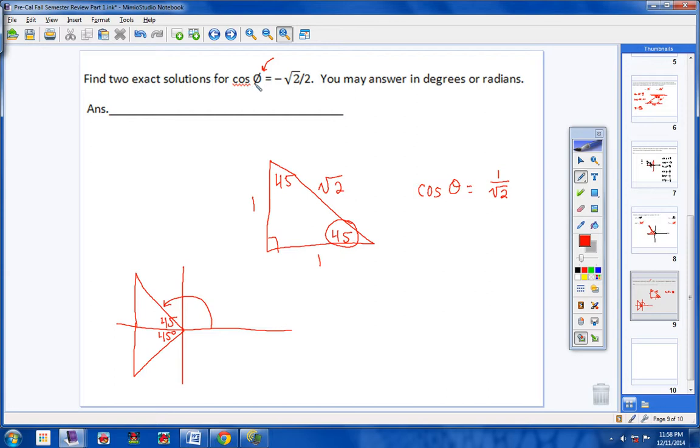So the cosine of 135 does give me negative square root of 2 over 2. So 135 degrees. Now the other answer would start here and go all the way to the hypotenuse. So that's 180 plus 45. So 225 degrees. Okay? Alright, not too bad for a first day of review.